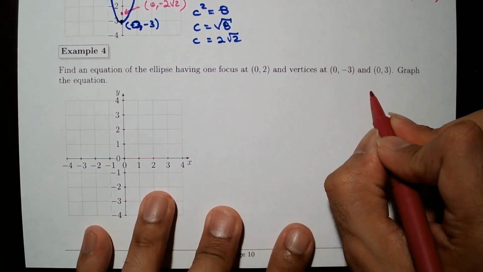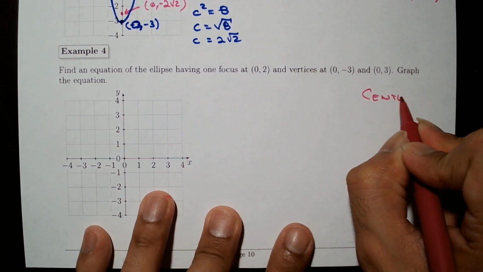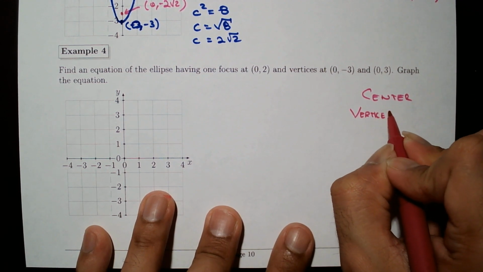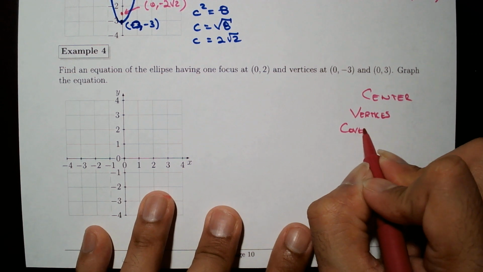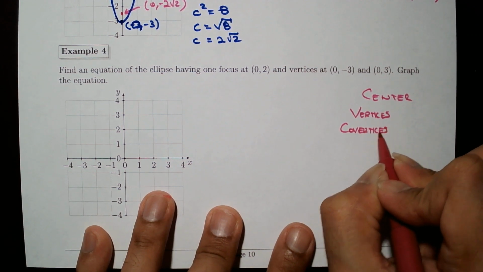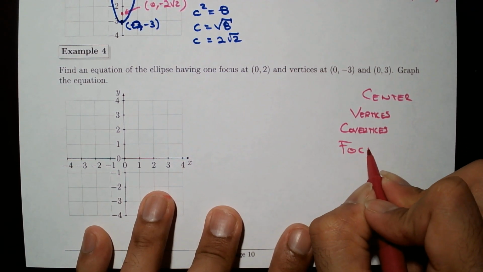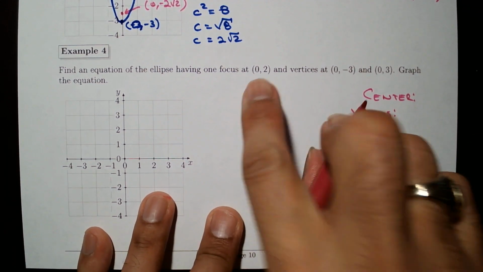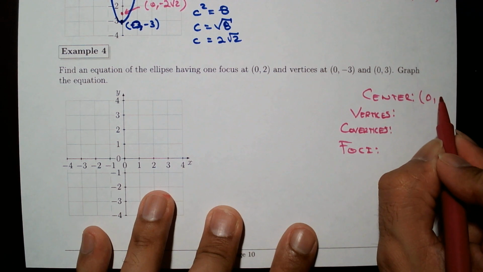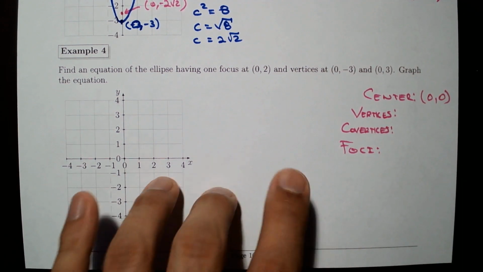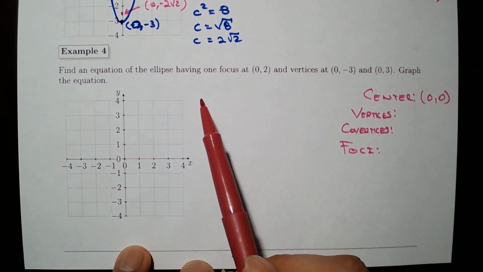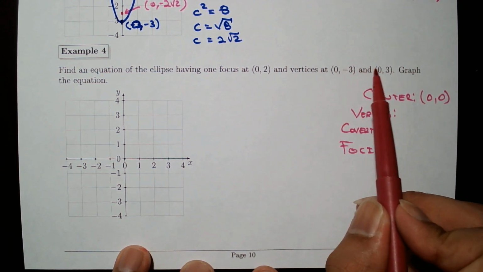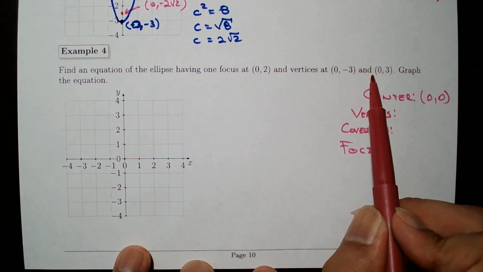Well, center, vertices, co-vertices, foci. The center, which is the origin, is given, right? Even if they didn't tell us, find the midpoint between these two points, 0, -3 and 0, 3.